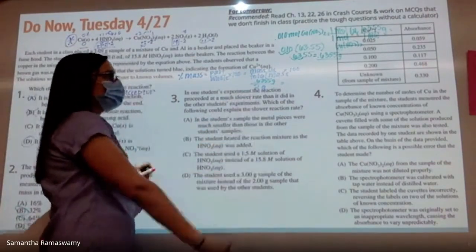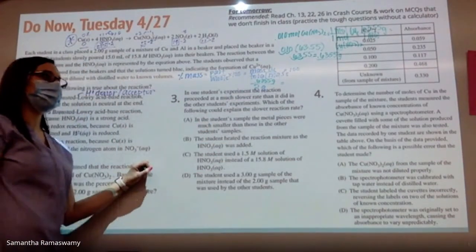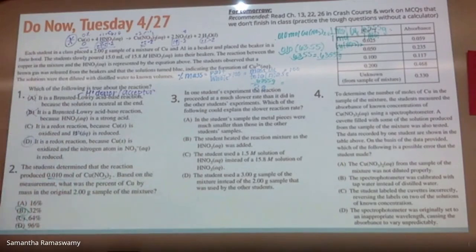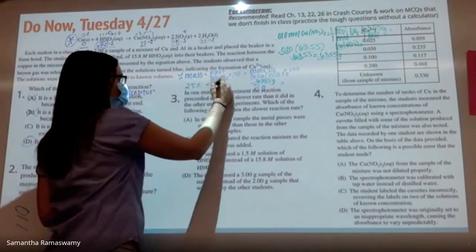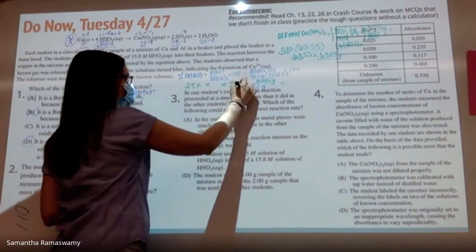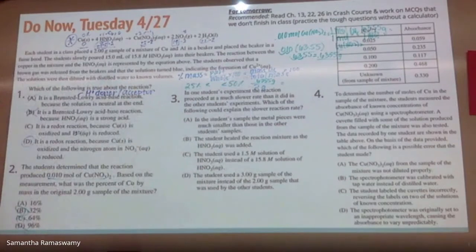And if you want to take it even a step further, 25% of 2 is 0.5. Well, 0.63 is greater than 0.5, but less than 1. So our answer should be somewhere between 25% and 50%. And our answer is B. So that's looking at doing a math problem without a calculator.